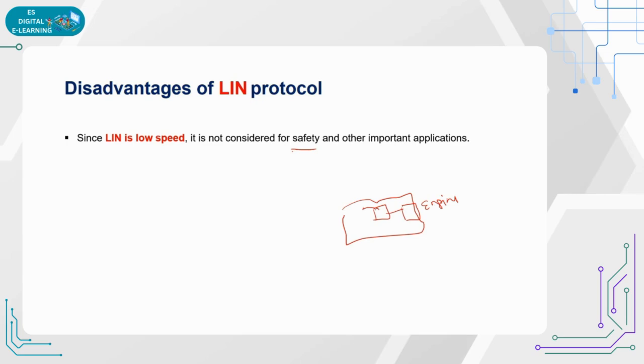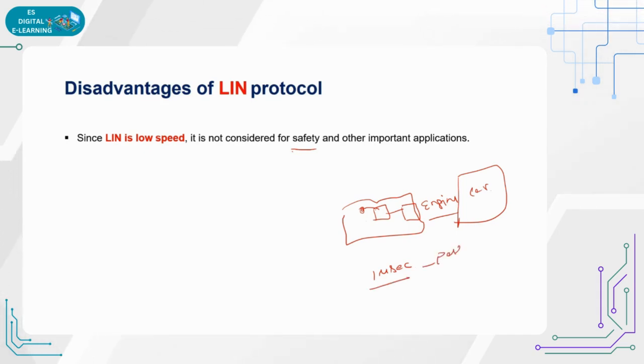When it collides with another car or a hill, the airbag should open within milliseconds, because the passengers or the driver in the car should be saved within 1 millisecond or 1 microsecond level. So that much safety requires faster communication.